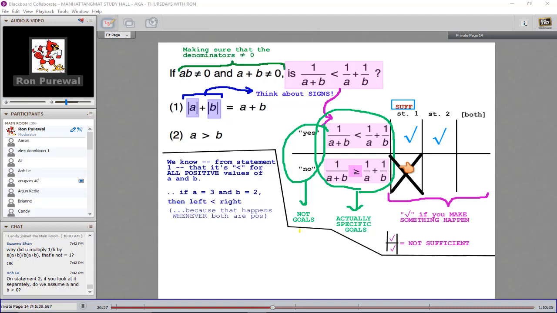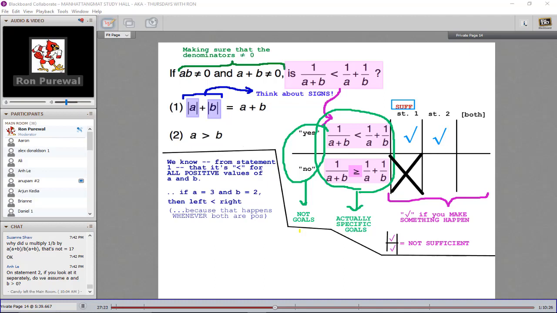So we have two positives going to do that. Now, in order to check off this box, we need to try negatives. So no, we definitely don't assume that, because that's the whole point of having separate statements. Statement one means that both are positive, but by no means do we know that here. The whole point of having another statement is that we don't know that anymore.